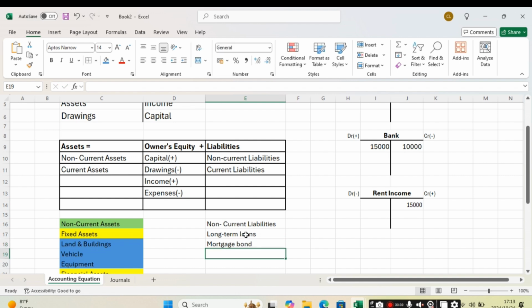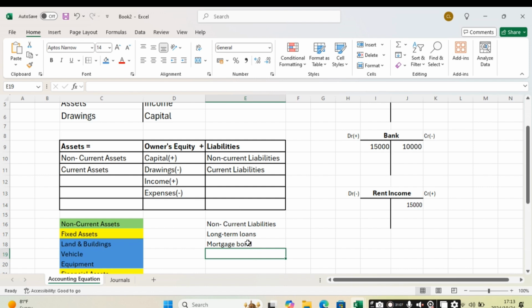So non-current liabilities are liabilities which are payable within a long period of time. Long period of time being what? From 1 year until like 20 years. It can be 2 years, 3 years, 4 years, 5 years, until 20. That's a long-term loan, long-term borrowings.